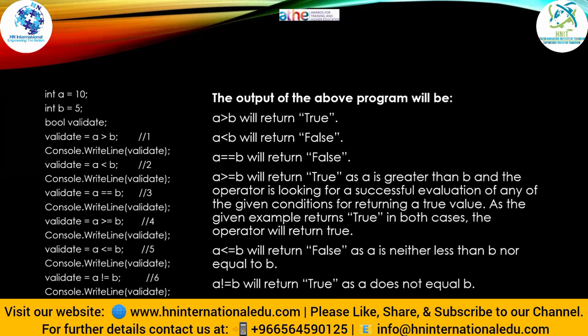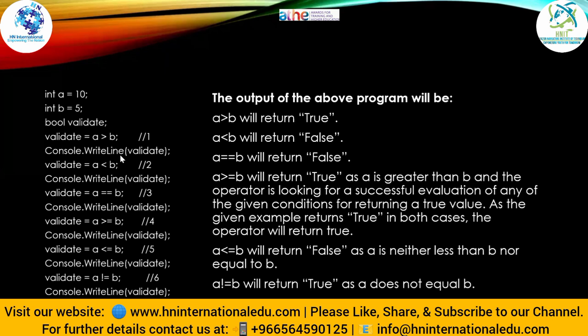So here we have an example of a computer program in which we are going to use all these operations. We have again two integers a and b with the numbers 10 and 5. We will validate all the functions. We will validate a is greater than b and it will let us know the result as true or false, and you can easily consider the results.